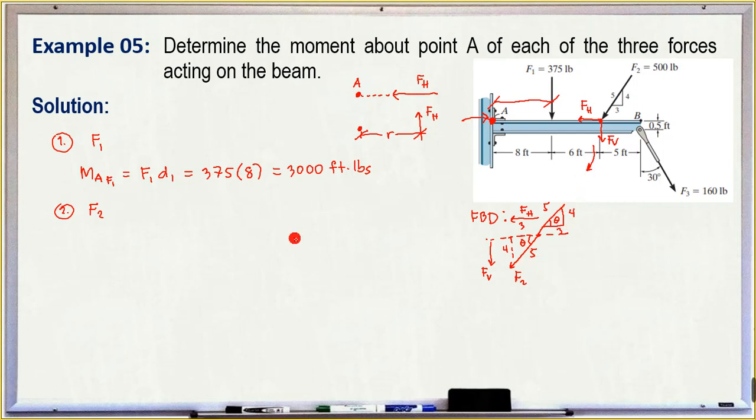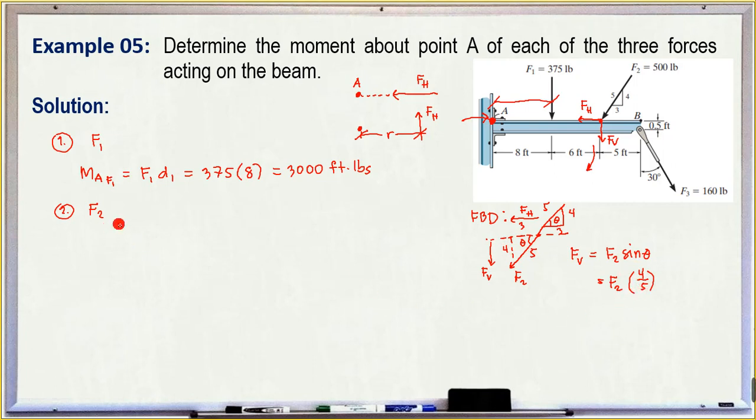FV is equal to F2 times sine of theta. Based on the triangle, sine theta is 4/5, the opposite side over the hypotenuse, 5.